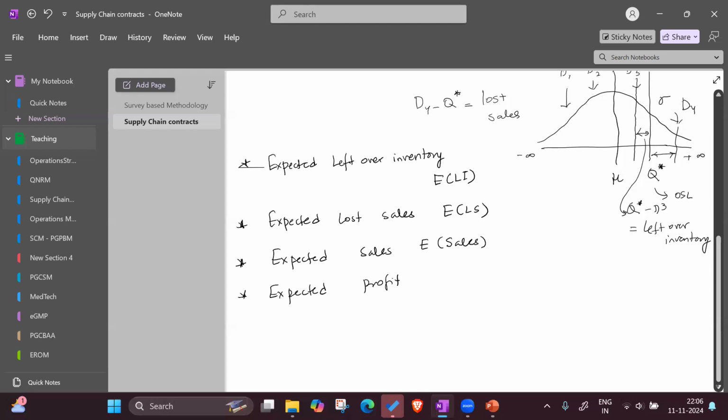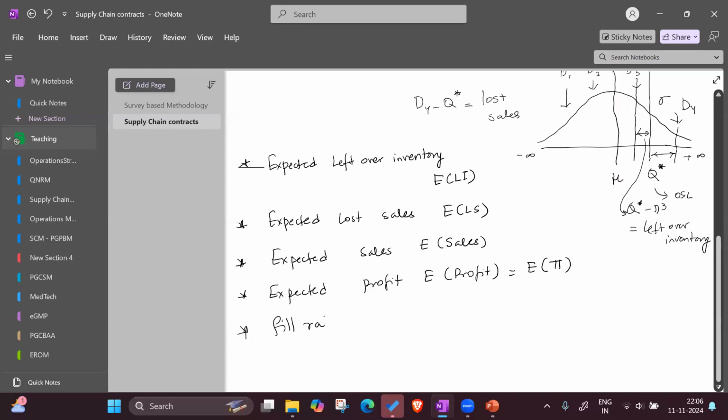We will look at all of this. Generally, expected profit is represented as pi. Pi is the symbol that we generally use for profit. We'll understand more as we go forward why that is the case. And we'll also look at the fill rate.